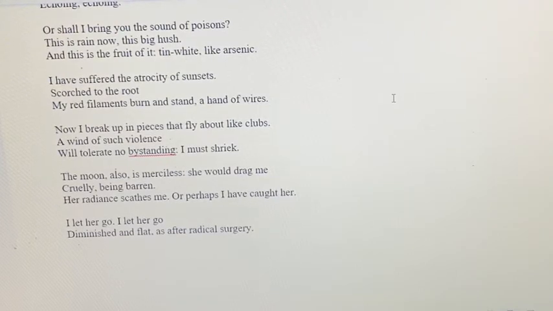A wind of such violence will tolerate no bystanding. I must shriek. The moon also is merciless. She would drag me cruelly, being barren. Her radiance scathes me. Or perhaps I have caught her. I let her go. I let her go. Diminished and flat, as after radical surgery.